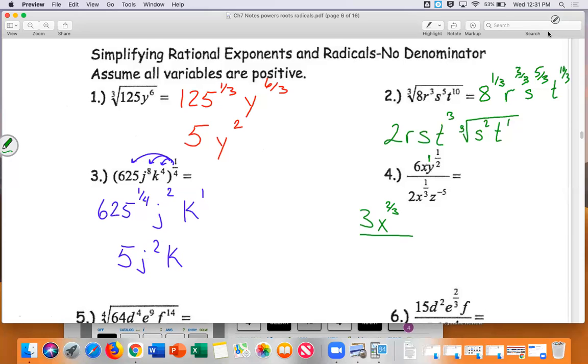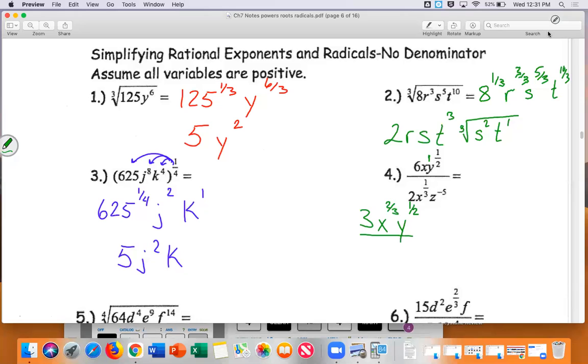All right. Now I have y to the 1/2, right? Nothing I can do with that. It's just y to the 1/2. Are you all right? So far, so good? How did you get that? We subtract the exponents. 1 minus 1/3, 2/3.